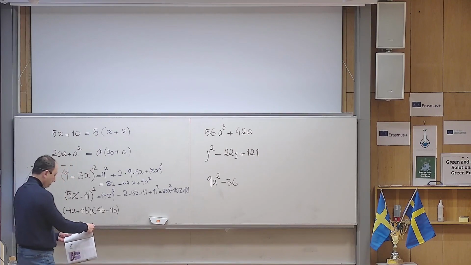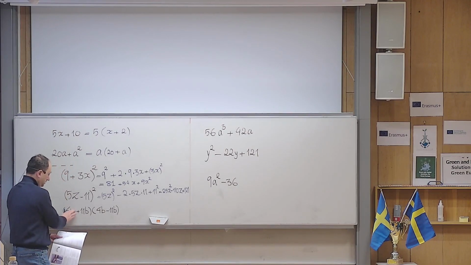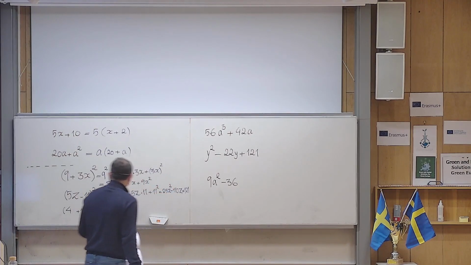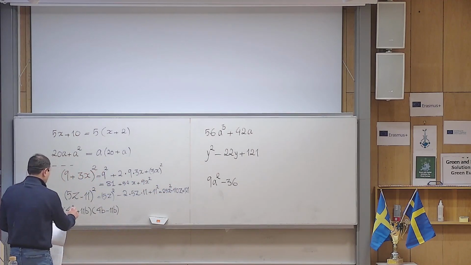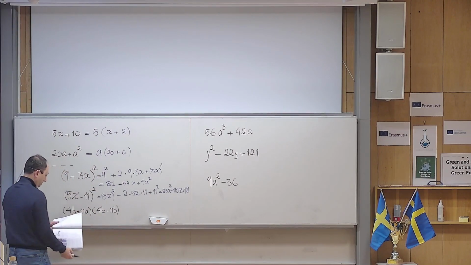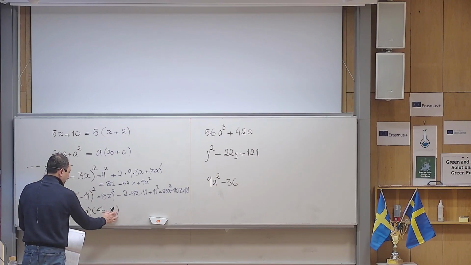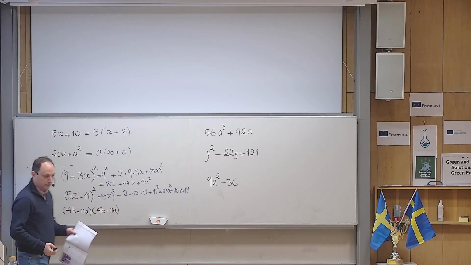It is 4b minus 11a. I don't know why I wrote it like this. Minus 11a, and this is 4b. This is also a. Yeah, sorry. Okay, so that is the correct question from the book.